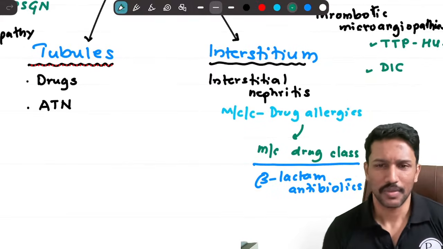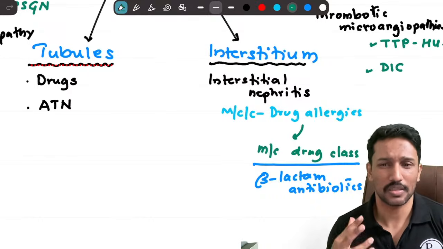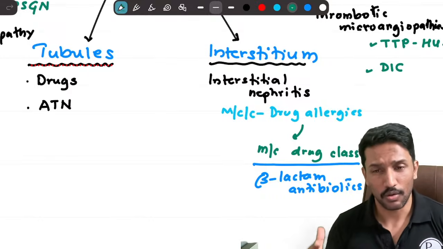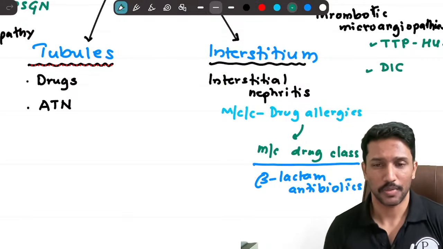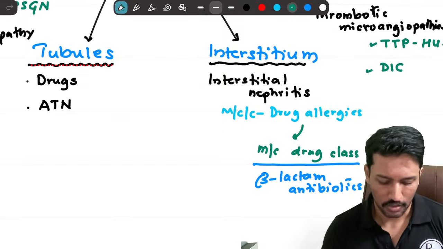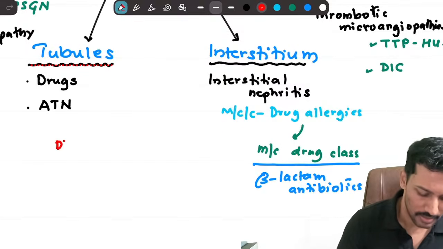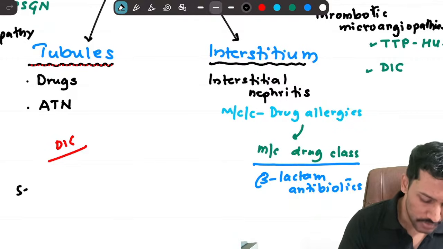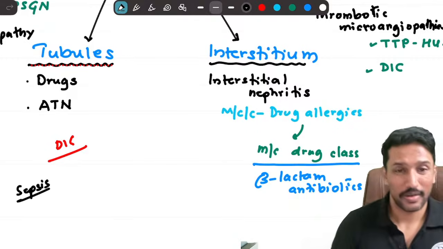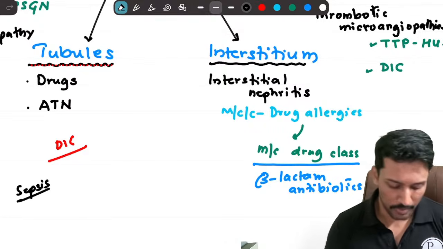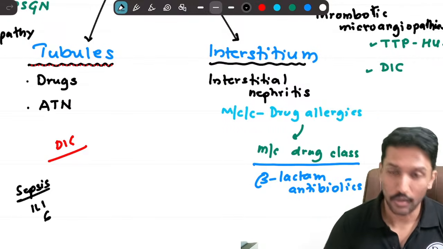coagulation, or DIC. See, DIC is such a common complication these days that we encounter in ICU. Patients with sepsis, multi-organ failure, polytrauma. In them, there is generally endothelial dysfunction. Let me just give you a brief idea about what happens in DIC. Basically, when you have sepsis or overwhelming infection, the body produces a large amount of inflammatory cytokines like interleukin 1, interleukin 6.